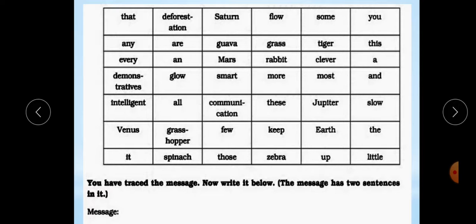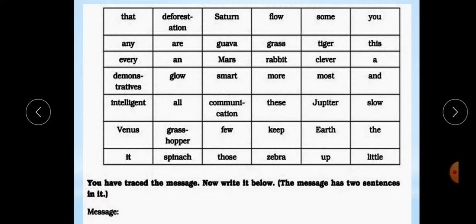So now what you have to do, beta? You have to rewrite using those words and make a complete sentence. Okay, make a complete sentence by using those words. And what should the sentence be then? How can we frame it? Keep it up. You are very smart, right?